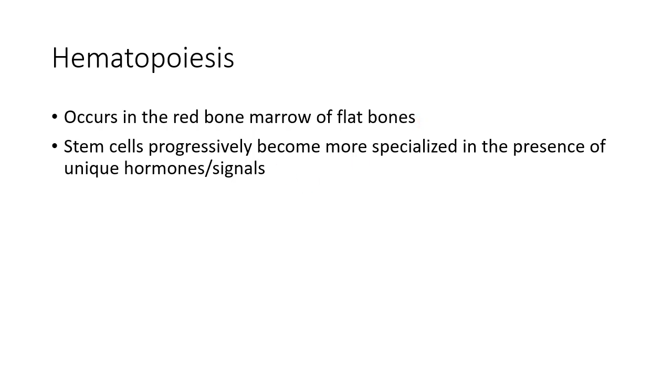Stem cells progressively become more specialized in the presence of unique hormones or signals. Initially, the stem cells do not know what they need to become. But, for example, there is a stimulus, and then there is a need for the body to adapt to that stimulus. There will be hormones that are released, and those hormones will tell the stem cell to specialize into a particular line.